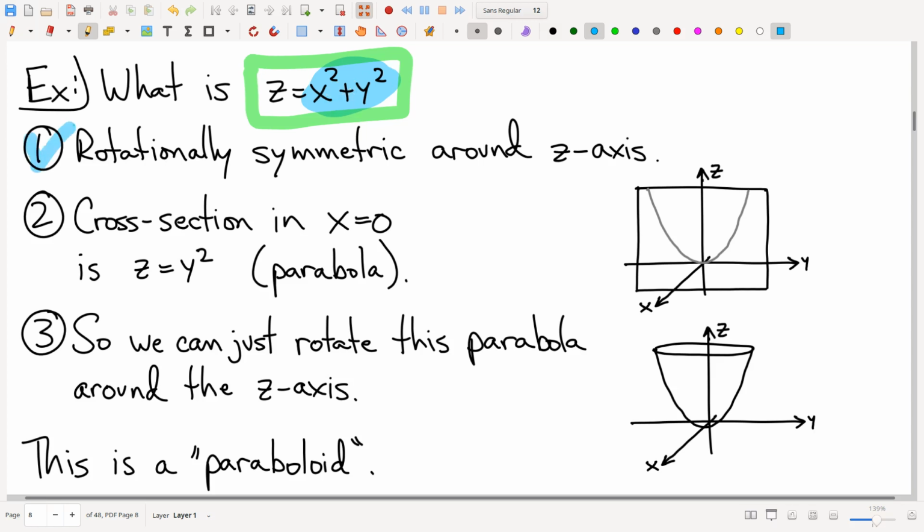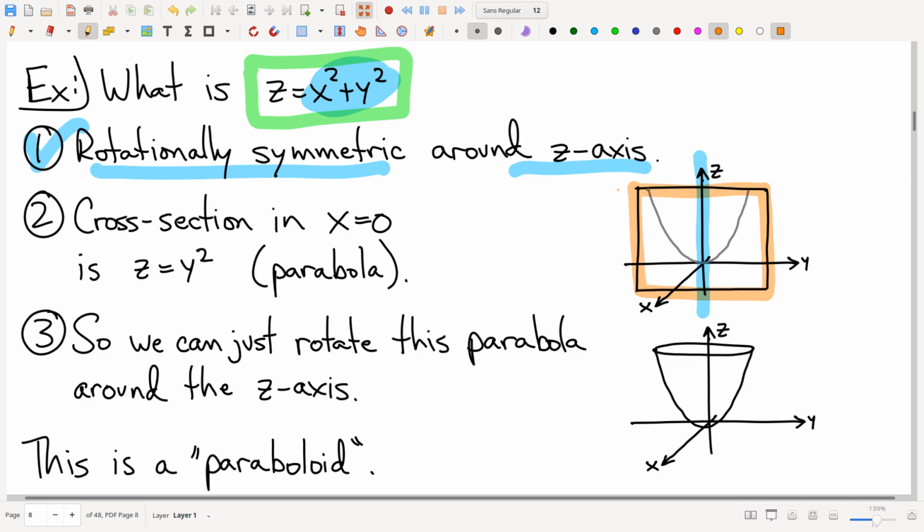That means that this is rotationally symmetric around the z-axis. And as I observed moments ago, there's my z-axis, I can pick any plane that I want that contains the z-axis and just look at the cross-section in that plane and then rotate it.